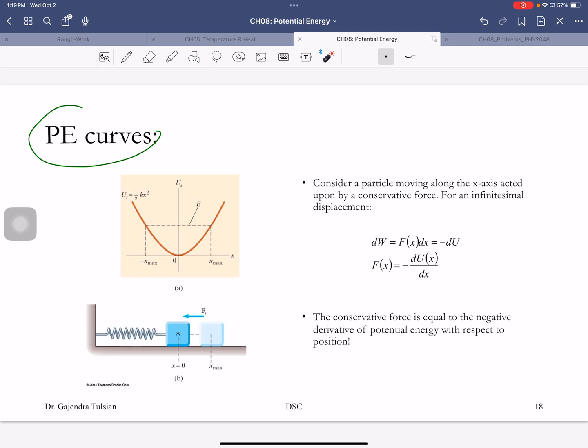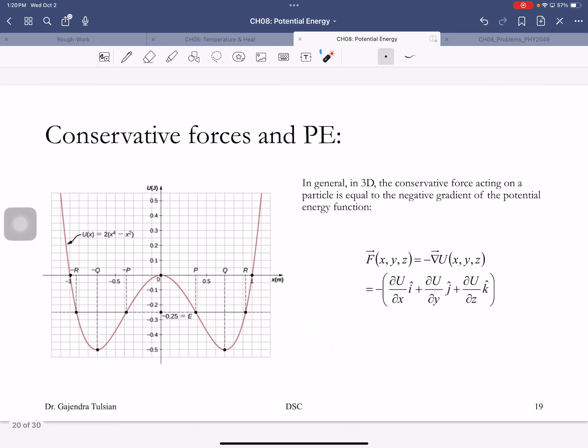When dU by dx is positive, the force is in the negative direction. When this is negative, negative of negative, the force is in the positive direction. So this is a stable equilibrium point. This is an unstable equilibrium point. Why is this unstable? dU by dx is negative, and negative of negative is positive.